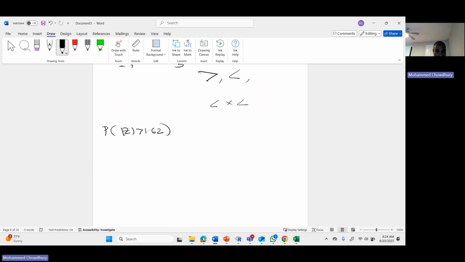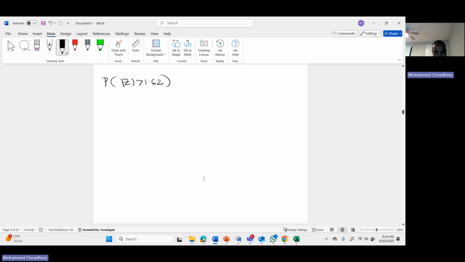Okay. Now, in order to explain this, suppose absolute z greater than 1. What does this mean? I want to take out this absolute sign. Suppose this is 0, this is 1, and this is -1.